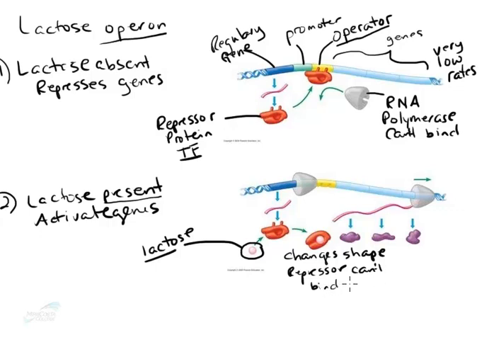So what happens if repressor protein can't bind to the operator? There's nothing blocking RNA polymerase from coming in here and binding, and I'm just going to abbreviate that RNA pol. So RNA polymerase can come in and bind to the promoter and can truck along down the DNA, transcribing mRNA as it goes, and we know that that mRNA is then going to be translated by ribosomes, and we're going to end up translating those proteins encoded by these genes, right?